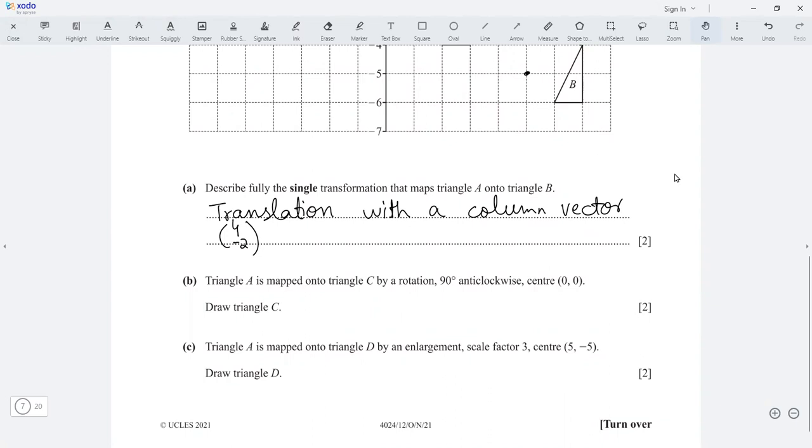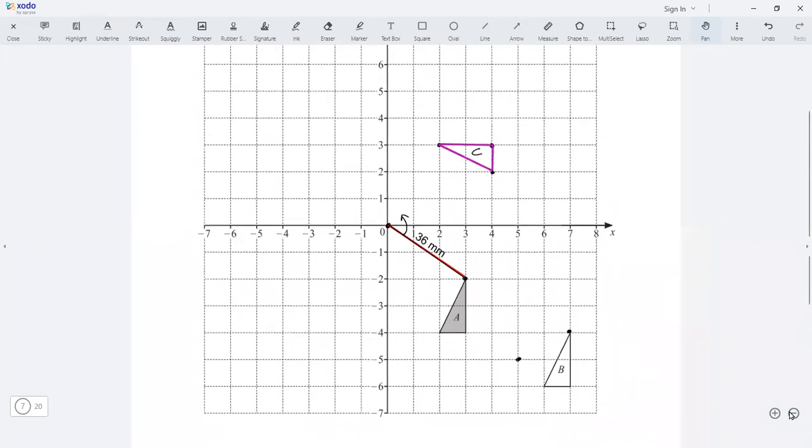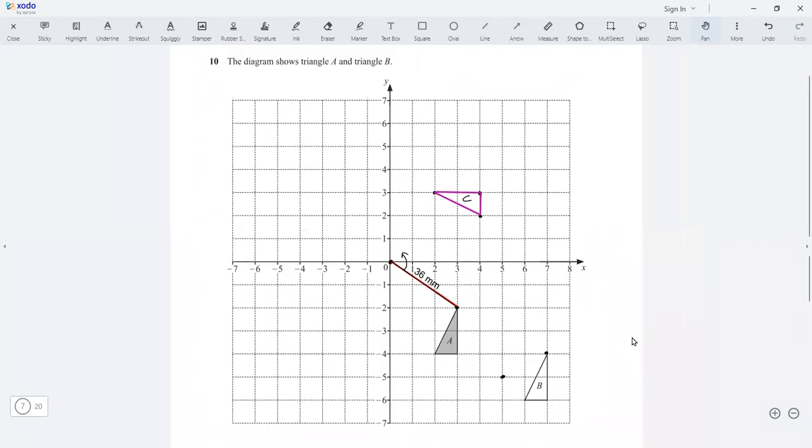Scale factor 3 means it will be tripled, and the shape will not be upside down, it will be as it is. So the center of enlargement plays an important role here. We have to pass each and every point through a line.